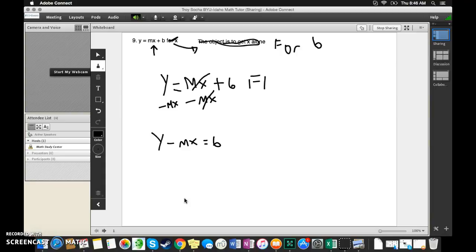The object of these equations is to show you how to use algebraic manipulation. That's a big word for using your algebra skills to change an equation, to change a formula. So it's important to remember, again, that each of these variables is a number.